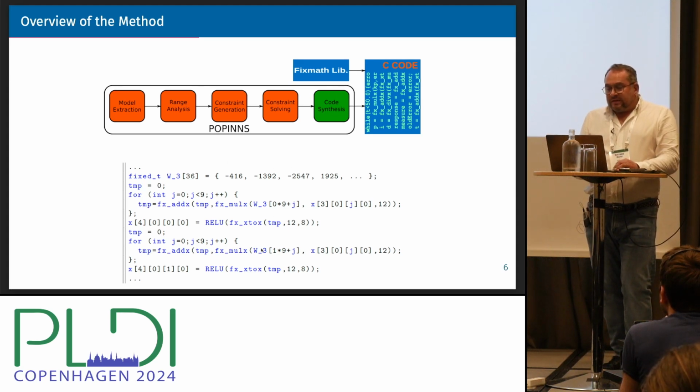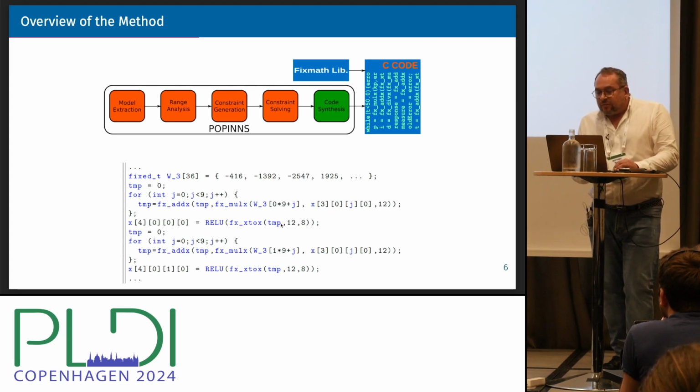And we generate this fixed point code using, currently, the fixmath library, but we are working on a new implementation where we use the ap_fixed library because we want to generate FPGA code using HLS.